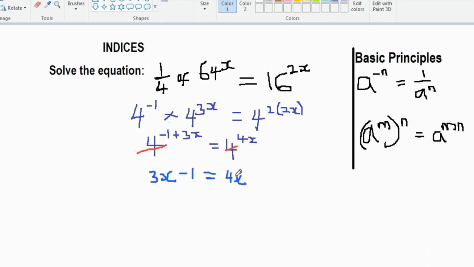Then we can take the unknowns to one side of the equation and the known number to the other side of the equation.